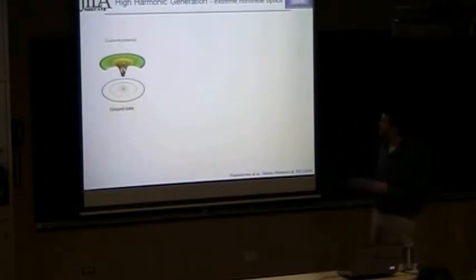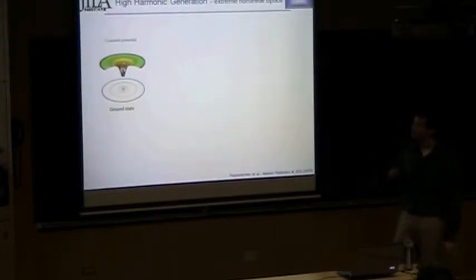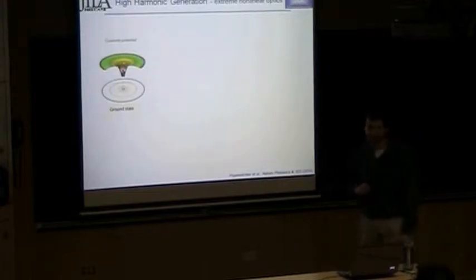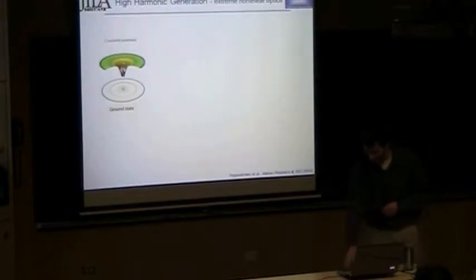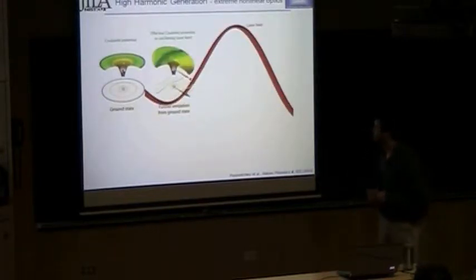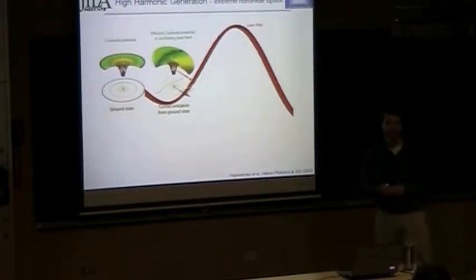So to understand it, just look at what we call the 3-step model for high harmonic generation. That's the simple picture that actually gets a lot of the physics right. We start with an atom just sitting there in its ground state. Apply a strong laser field. And so instantaneously, that laser field is going to bend the Coulomb potential of the atom.